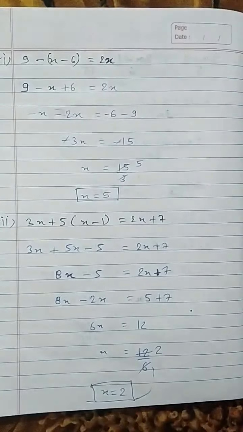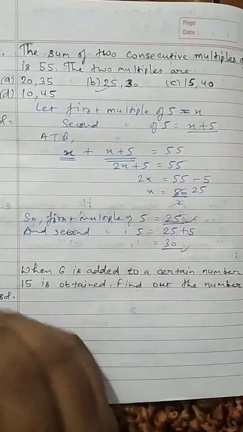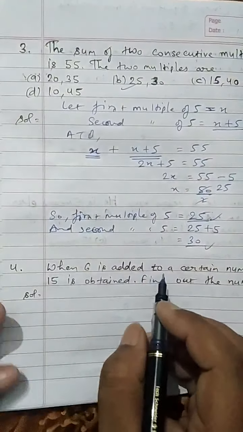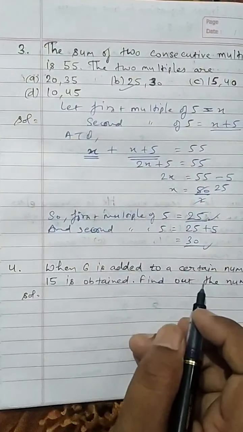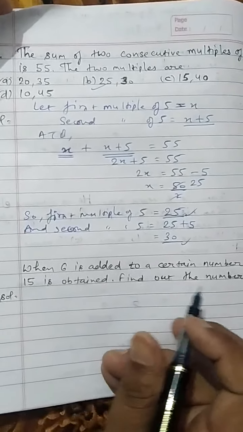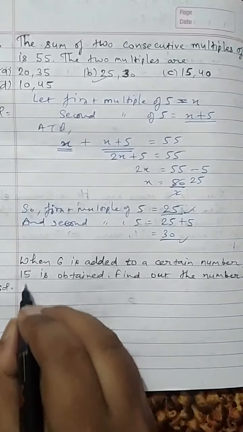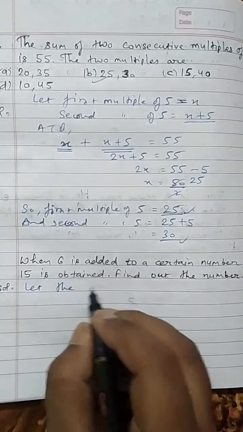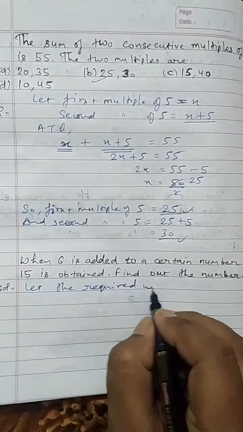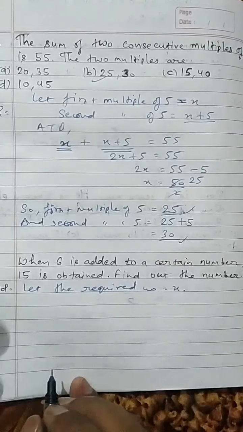Okay. And number 4. When 6 is added to a certain number, 15 is obtained. Find out the number. Let the required number be x.